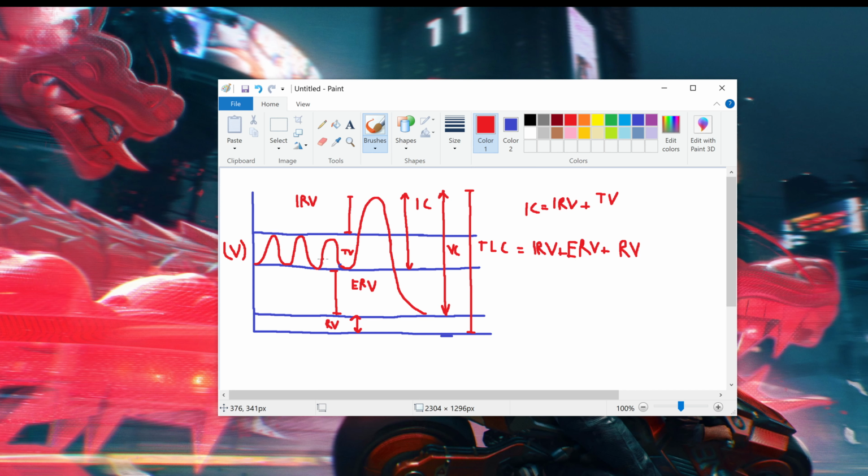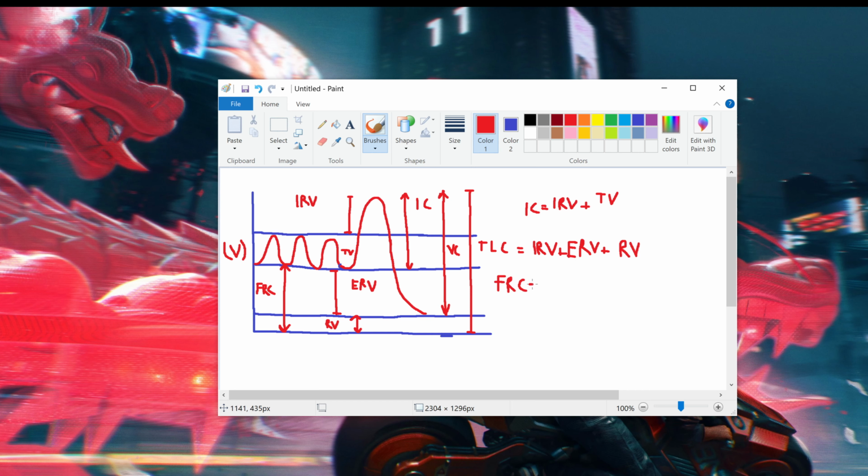The last one we're going to go over is functional residual capacity. What is that? It's from here to here. This is FRC. It's the sum of ERV and RV.